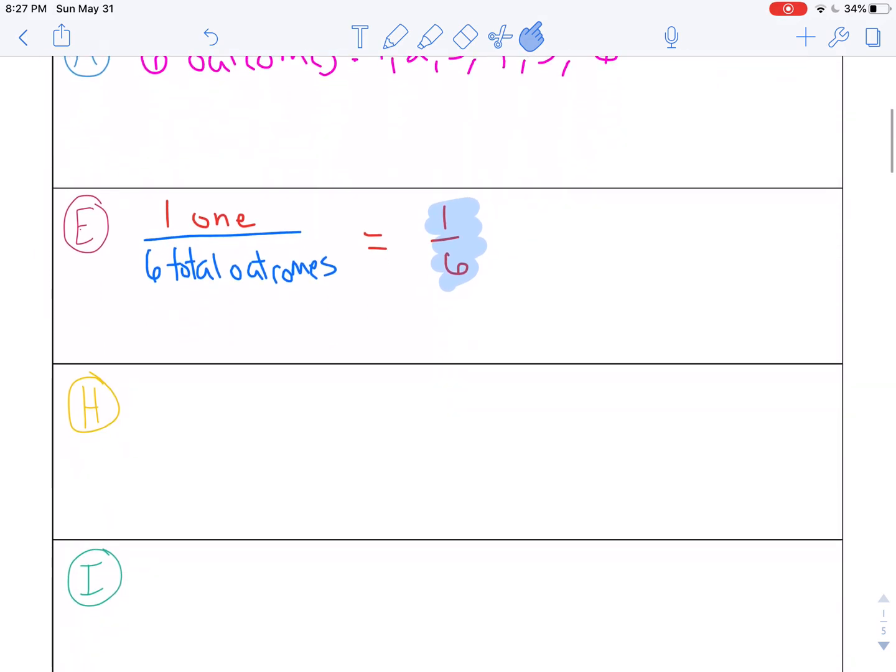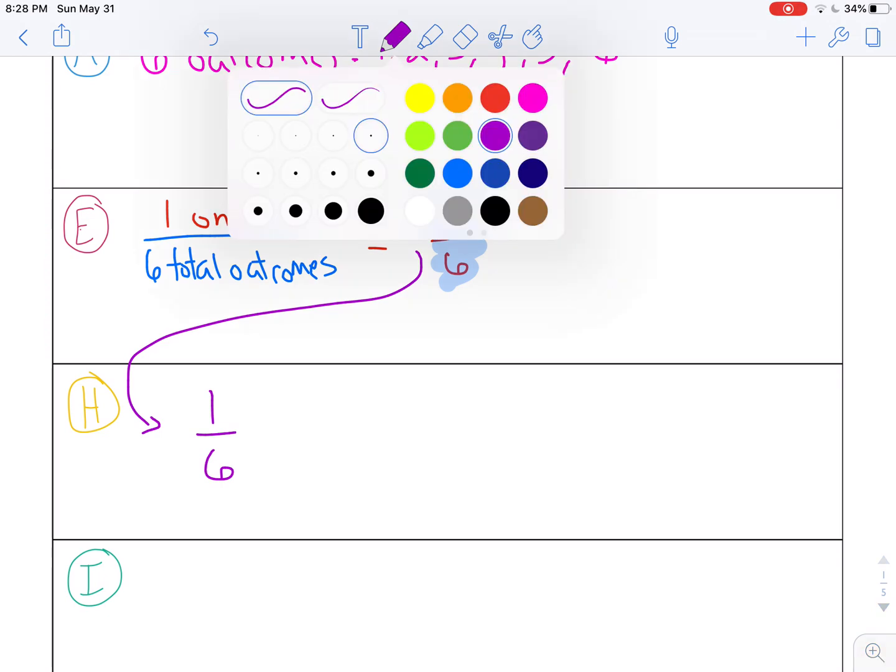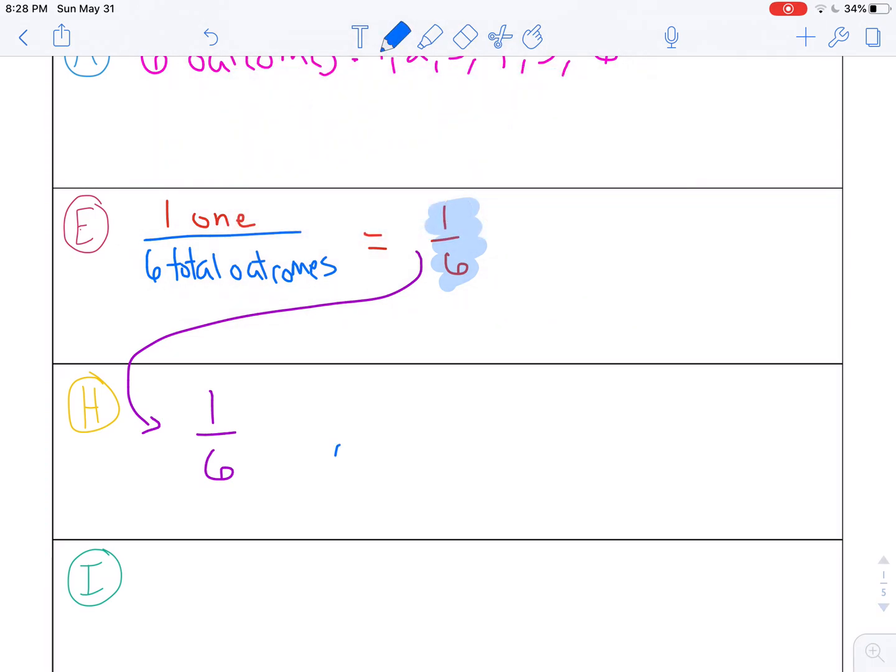I'm going to take that fraction and put it in the box. 1 side out of the 6 sides has a 1 on it. I want to know, what about if I roll it 60 times? So I'm going to say 60 total rolls, and because that's a total, it's a denominator. And I'm going to set up a proportion, a fraction that equals another fraction.